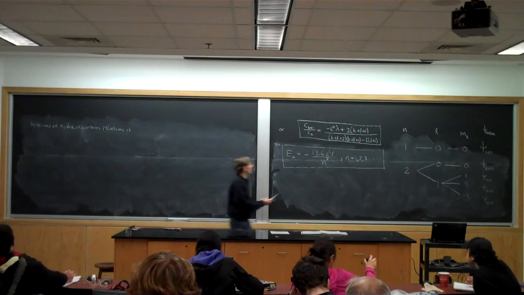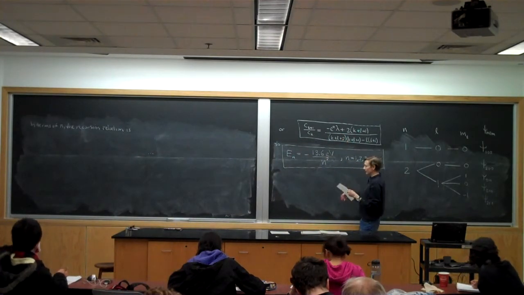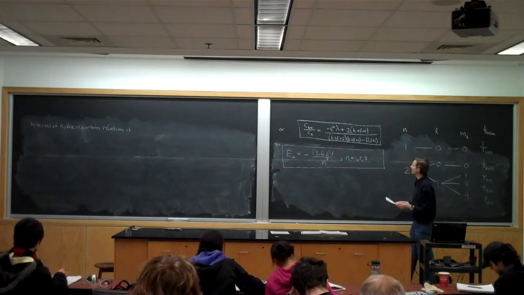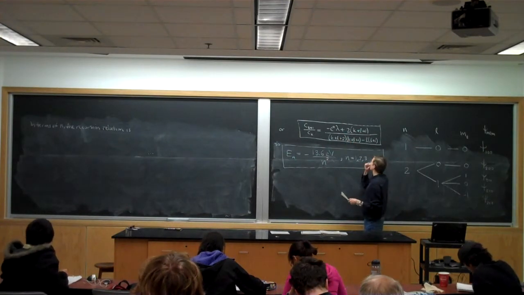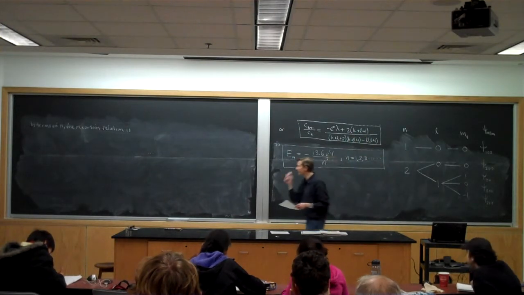So here we go back to the recursion relation, and remember that we basically said that e squared lambda should be equal to 2n. So that means here in the denominator we have minus 2n plus 2 times k plus l plus 1.